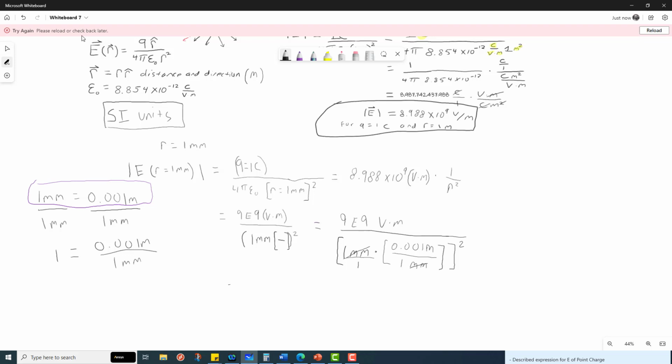I'll bring it down here: 9E9 volt meters. And then in the denominator, if you look at everything we've canceled out, this is just going to be a 1. We're not going to worry about the 1 in the denominator anymore because those units have canceled out. So it's 0.001.